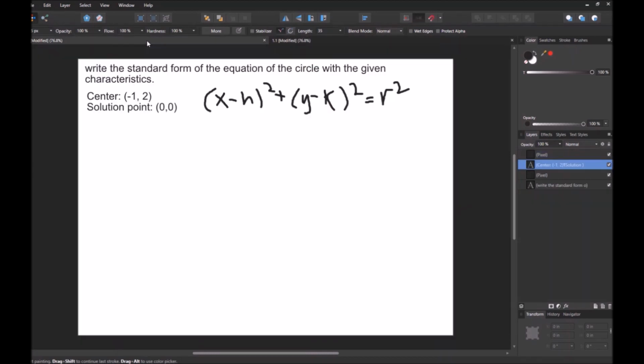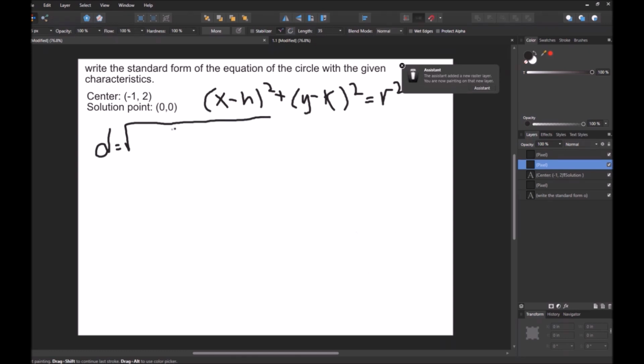So essentially the main takeaway is that you just have to find the radius using the distance formula, which if you don't remember, you should have it memorized by now. It's the square root of x2 minus x1 squared plus y2 minus y1 squared.